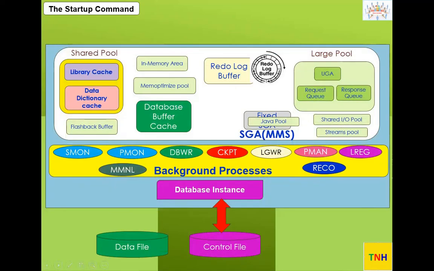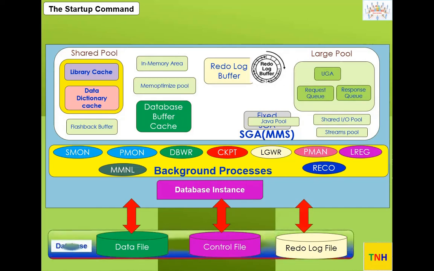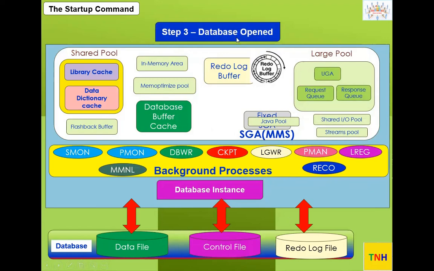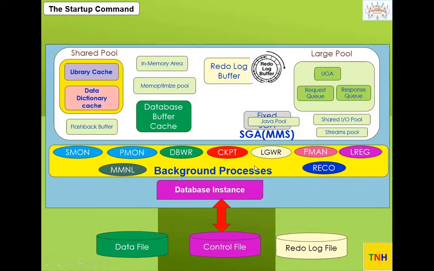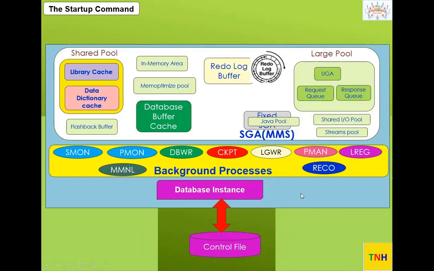Now, when it is opening, you can see data file came up, redo file came up, linked with the instance. Pretty simple. And the whole database is forming, and that is step number 3, opened. So if I revise it, what's going to happen? Now we have the control file. When it's opening, locate the data file as per the information given in the control file. Here is only an example.